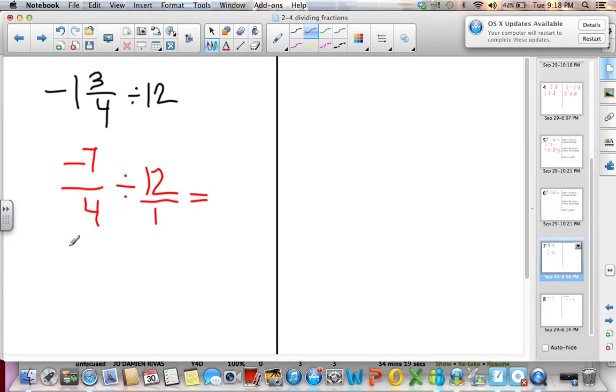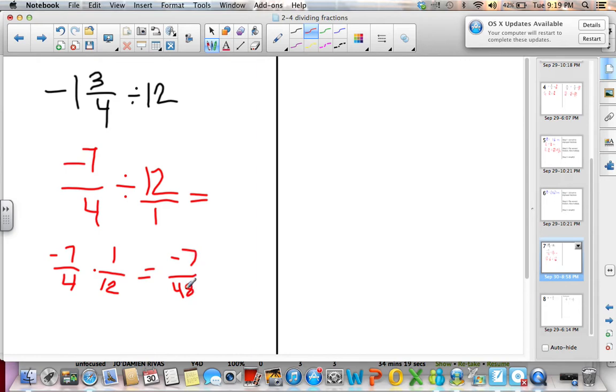Okay, so now I'm going to rewrite it as multiplication. So I have negative 7 fourths times 1 over 12. So we have negative 7, and then 12 times 4 is 48.